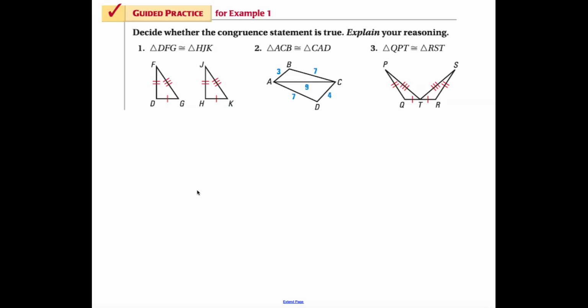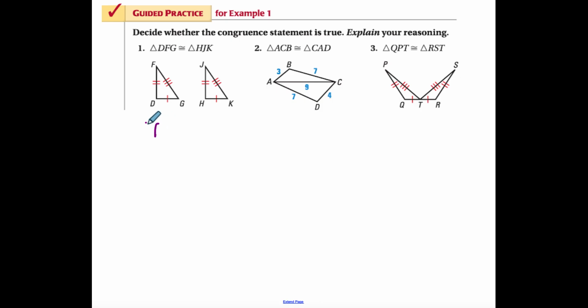Look at example 1 here. We're now in your examples packet. What do you think about triangles DFG and HJK? Well, I see the bottom side, the left side, and the right side as corresponding congruent sides. So I am going to say absolutely that they are congruent. So I would say that this is a true statement.